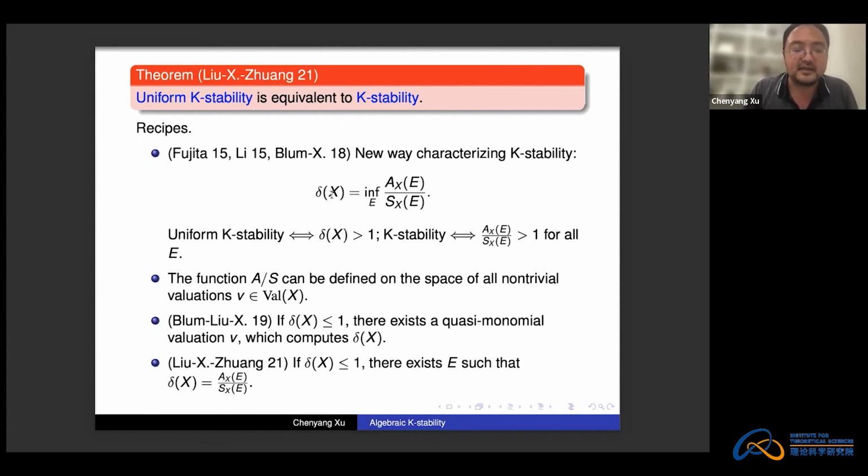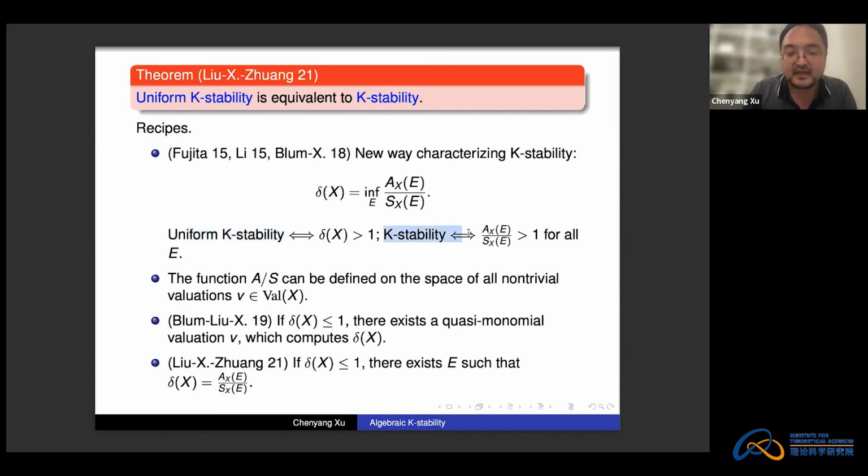We can define some number called delta of X, which is just the infimum of some function defined on divisorial valuations, which I will give you the definition of. This is A over S, and putting them together is just some function on divisorial valuations. Then uniform K-stability is equivalent to saying delta is at least 1, so the infimum is larger than 1.